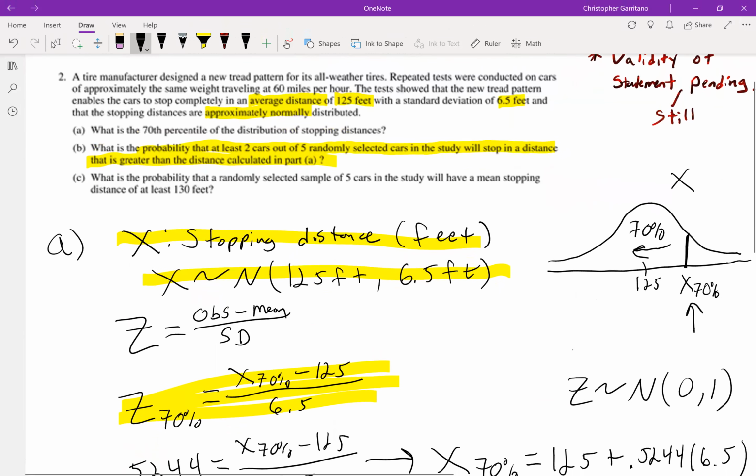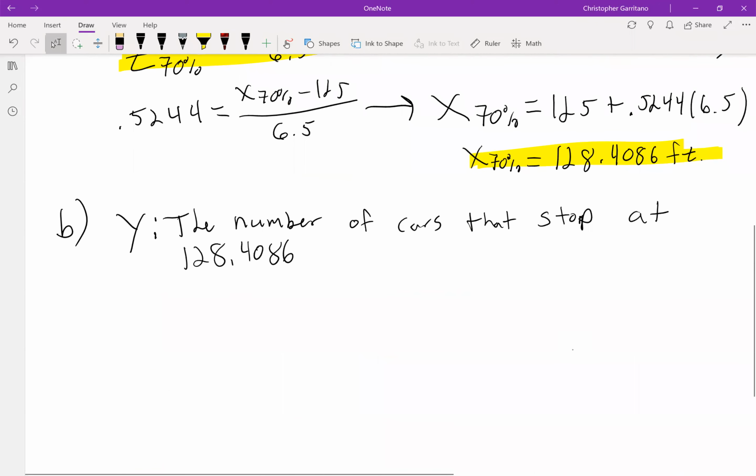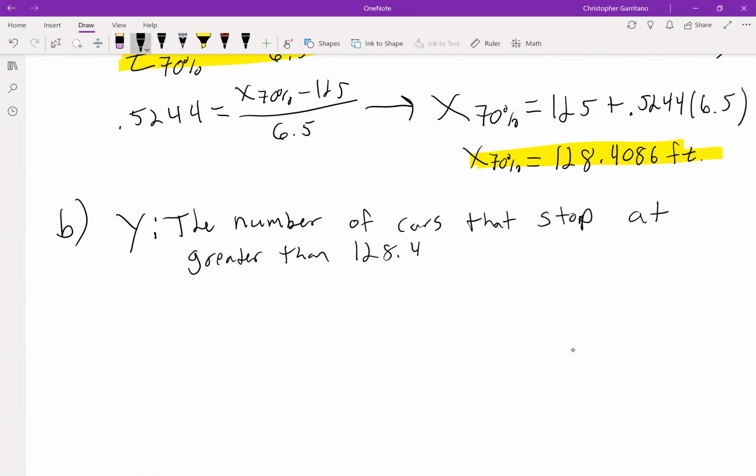Is that what it is? Actually, no. The number of cars that stop at greater than 128.4086 feet.